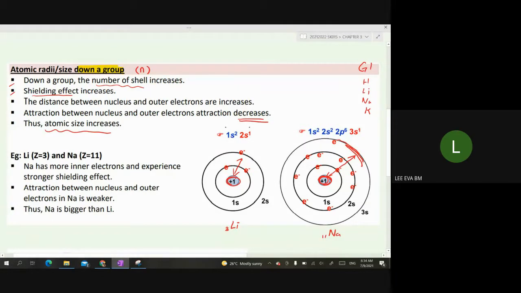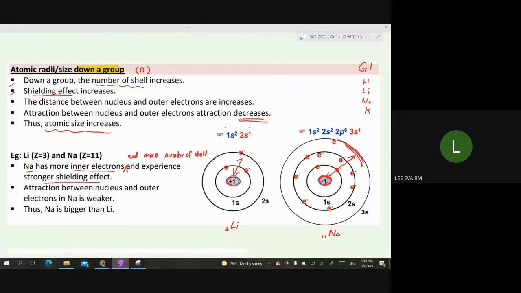Okay, so we're looking at the example lithium and also sodium. Sodium has more inner electrons, and experiences a stronger shielding effect. In this case, Madam nak awak tambah lagi satu ayat ya, has more inner electrons and more number of shell. Therefore, it experiences stronger shielding effect. Yang paling penting adalah number of shell dengan shielding effect.